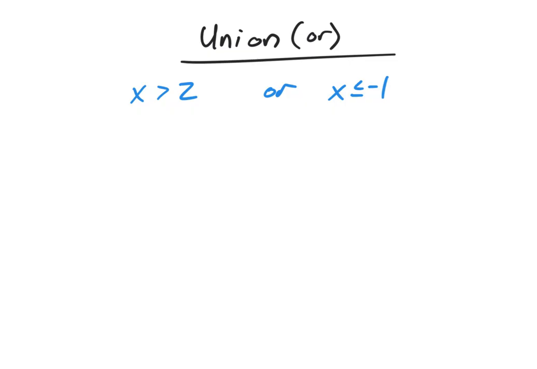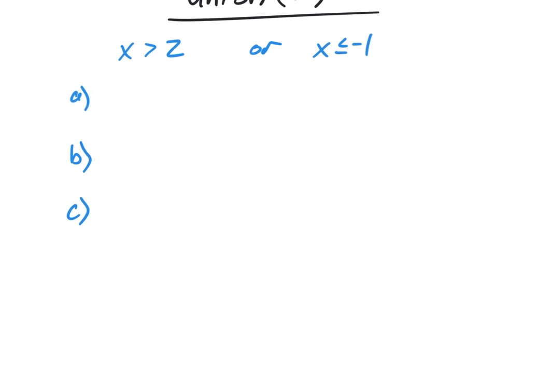Okay. So we're going to have 3 parts. Now, we don't have any solving here to do, so we're just going to go ahead and go to all 3 parts. We got -1. We got 2.